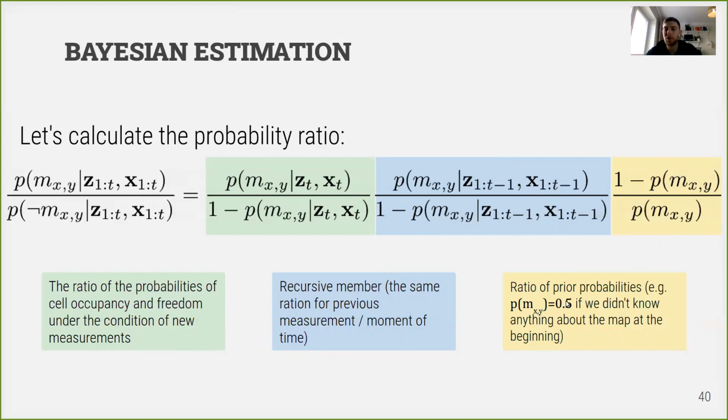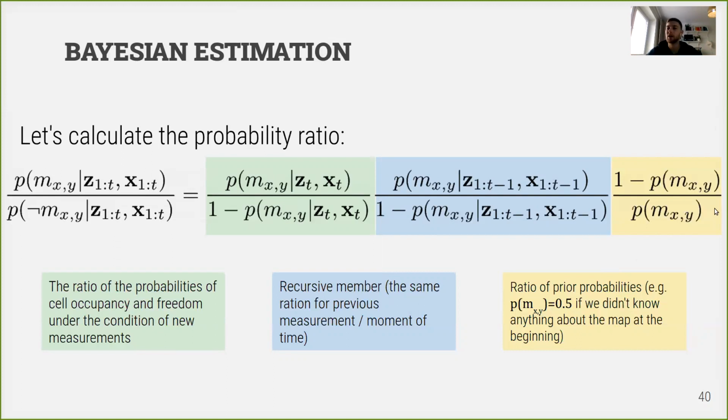So imagine we know nothing on a map in the beginning, right? So we just switched on our robot in some unfamiliar place, and robot doesn't know anything on map. So it is logical to assume each cell to have a probability 0.5, which means we know nothing. Each cell is either occupied or free with the same probability. That's 0.5 probability. But we can choose any number here because this is our prior.